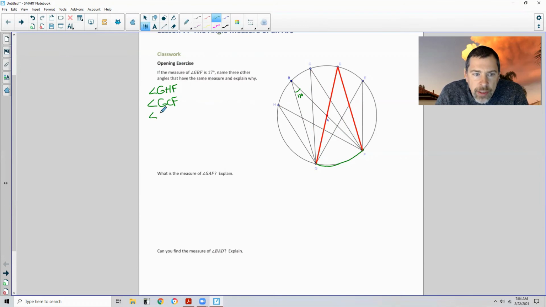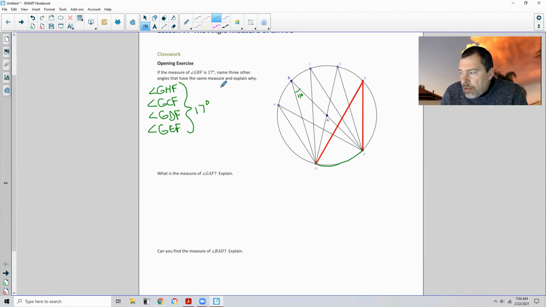So angle GDF. It said to name 3, but there are 4, so I'm going to do one more. If I move this down to E, then you can see that GEF also shares that arc GF. So I'm going to say angle GEF. These are all 17 degrees because they share the same arc.